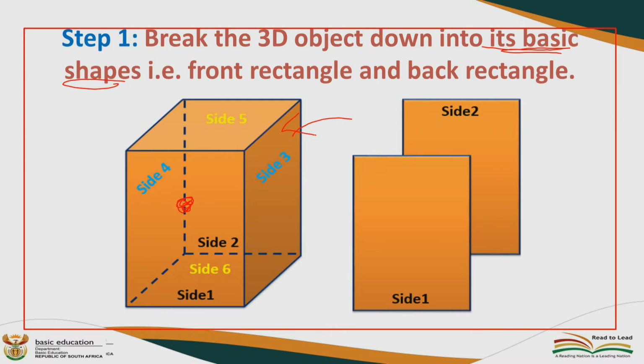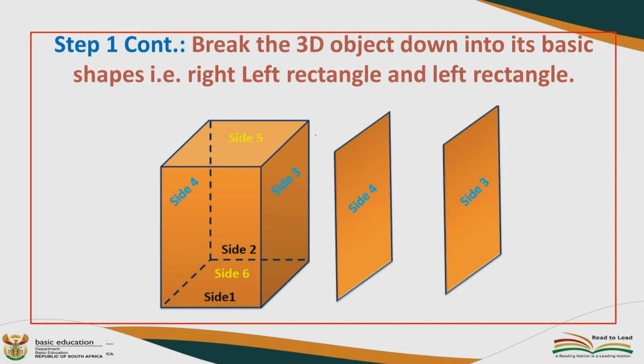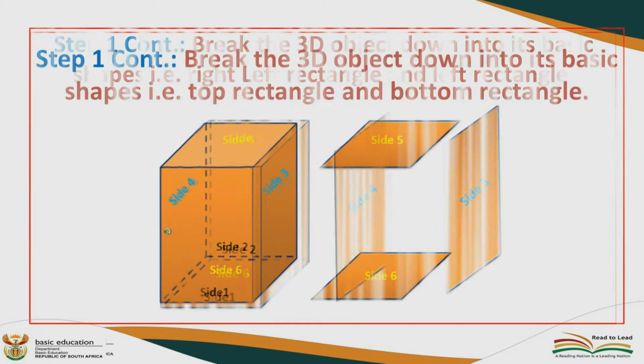Then the other part of the rectangular prism: side number three is this side here, on our right-hand side, and we've got another side here on our left-hand side. So we have side number three and side number four.